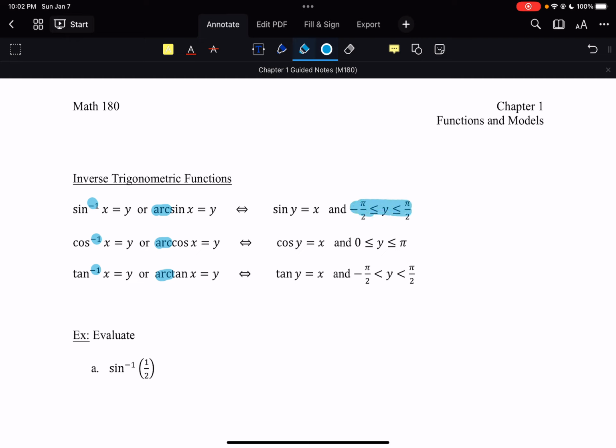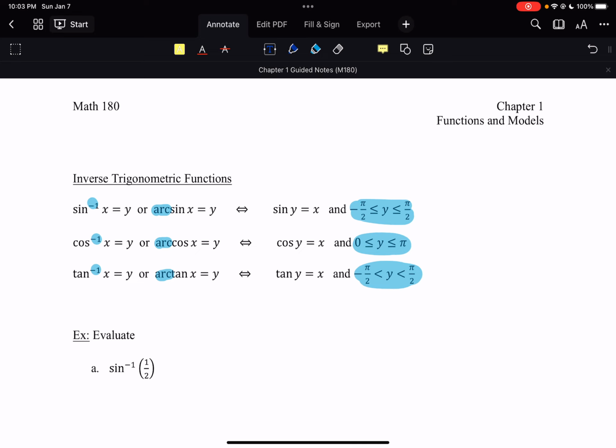You can see here, these domains are all limited because they're acting in reverse. The inputs and outputs are flipping, switching position. So the outputs were restricted before, now the inputs are being restricted so that we don't have any unnecessary overlap, not repeating values, which would make it not a function anymore.